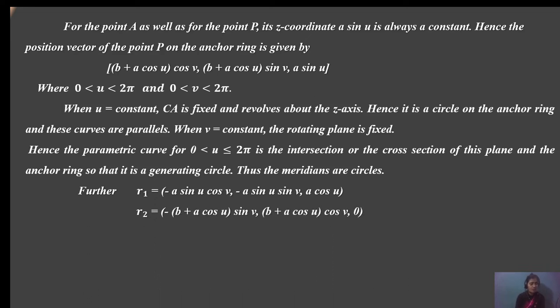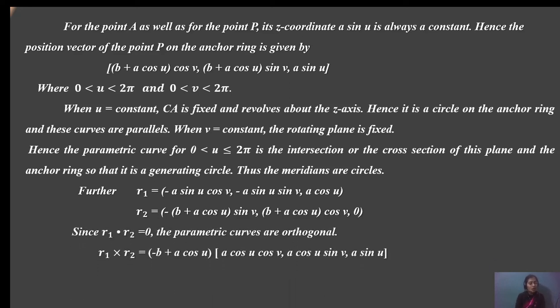Then r1 is (minus a sin u cos v, minus a sin u sin v, a cos u) and r2 is (minus (b plus a cos u) sin v, (b plus a cos u) cos v, 0).